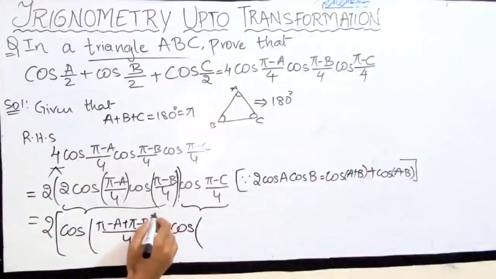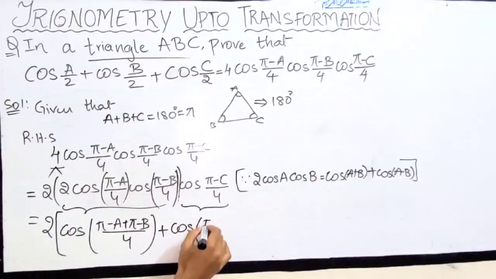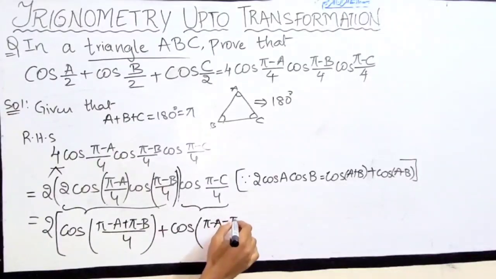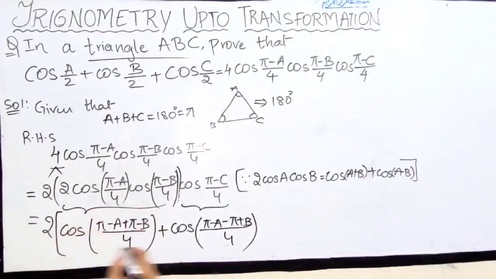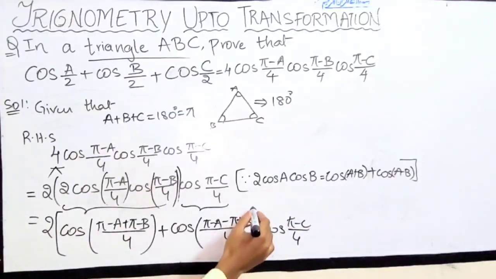What is A minus B? This is A and this is B: cos of (pi minus A) minus (pi minus B), which will be plus B by 4. The last term, cos of (pi minus C) by 4, is written as it is for now.